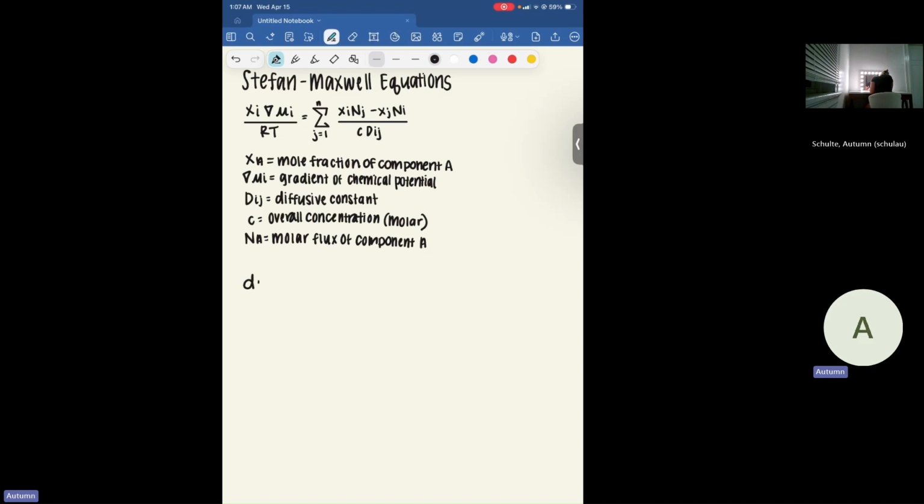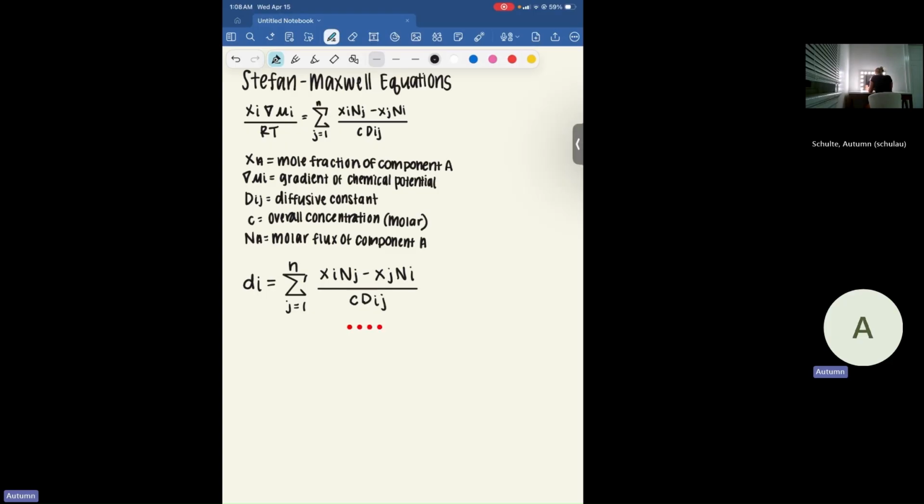So I'm going to make this d sub i for the driving force of species i, and this is equal to the sum from j equals 1 to some n of the mole fraction of component i multiplied by the molar flux of component j, minus the mole fraction of component j multiplied by the molar flux of component i, divided by the overall concentration C and the diffusive constant of i and j.